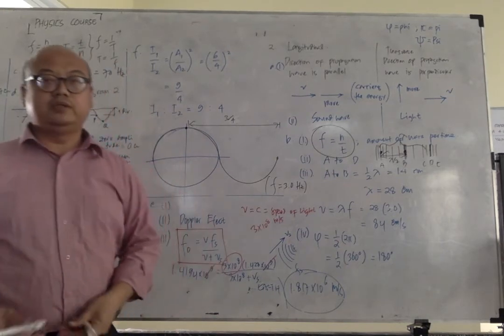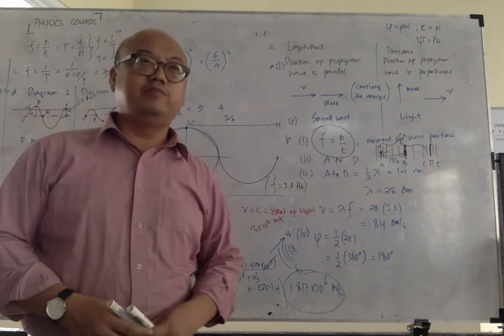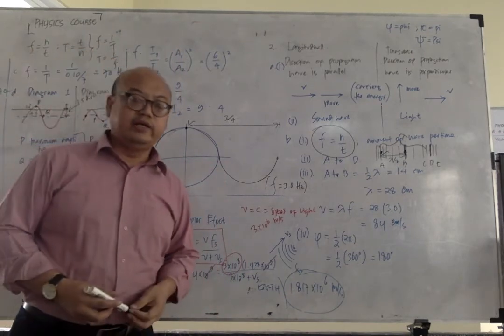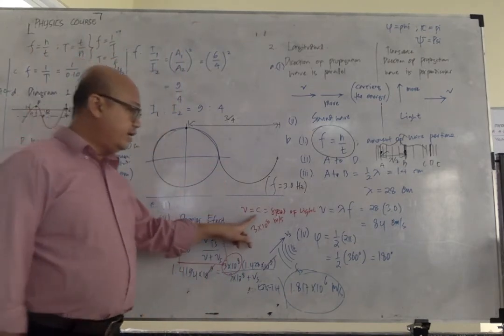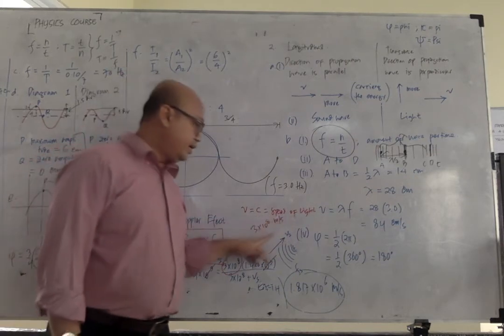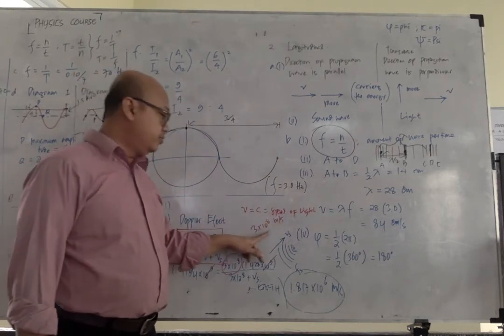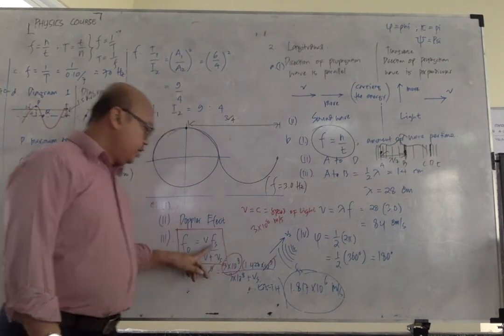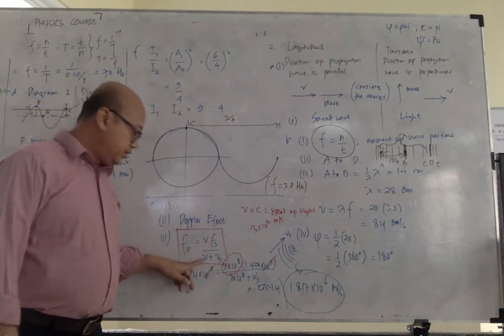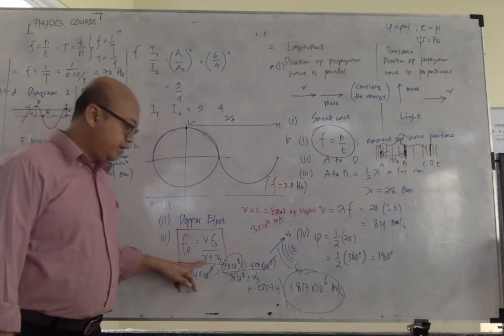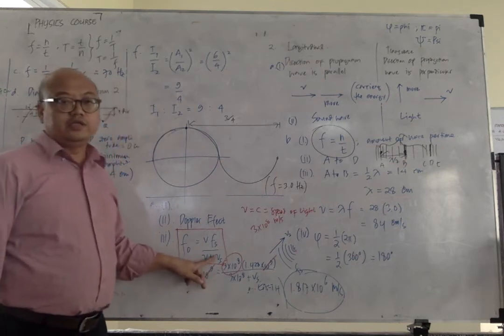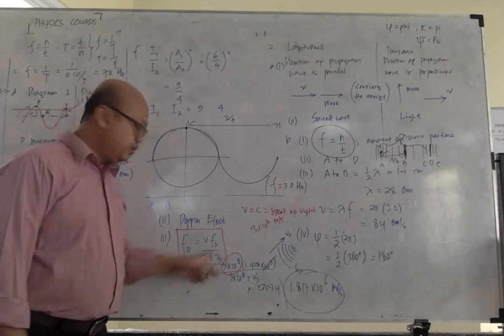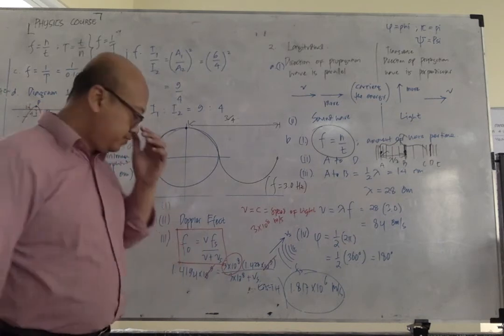This is not about the velocity of sound, but the velocity of light. We use the speed of light c, around 3 times 10 to the power of 8 meters per second. This is the source frequency, and then the velocity of the wave plus the velocity of the source. This is the parameter we will find.